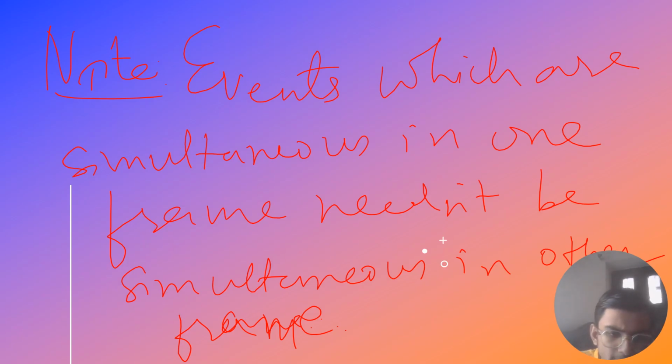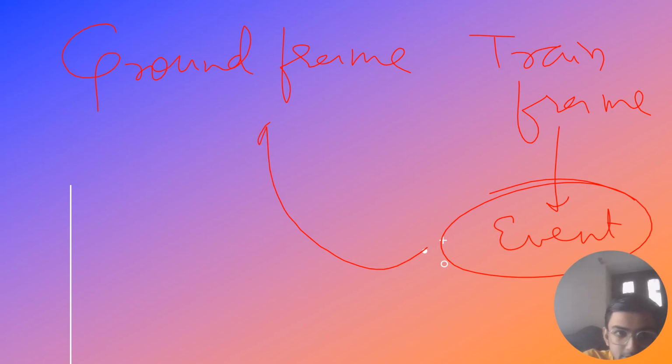Suppose there are two frames, ground frame and train frame, and some event is occurring here, and we are observing it from the ground frame. Then the things will reverse.